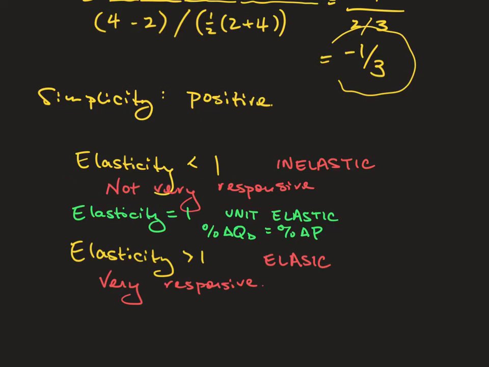When demand is unit elastic, changing the price doesn't change the revenue. The 50% increase in price is exactly offset by a 50% decrease in quantity purchased, so they're equal and opposite, they cancel out.